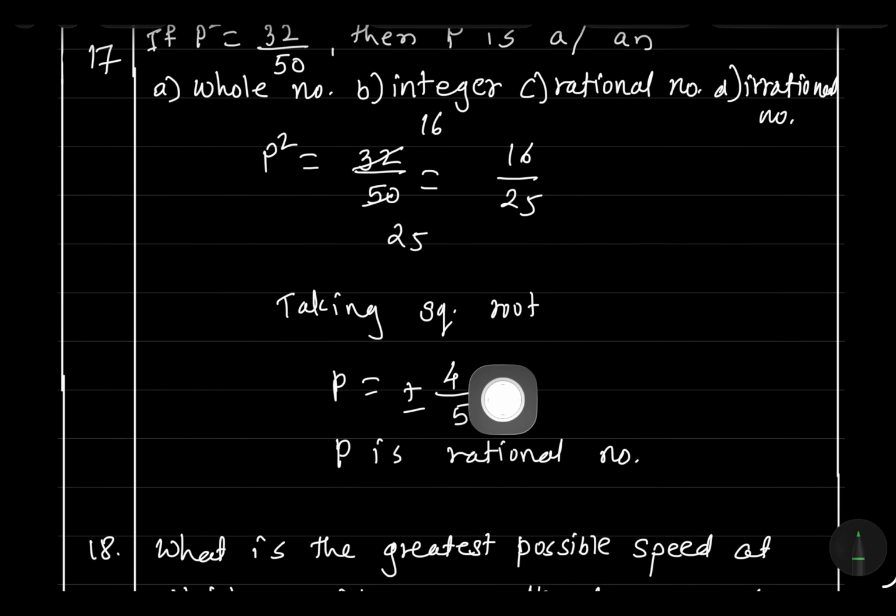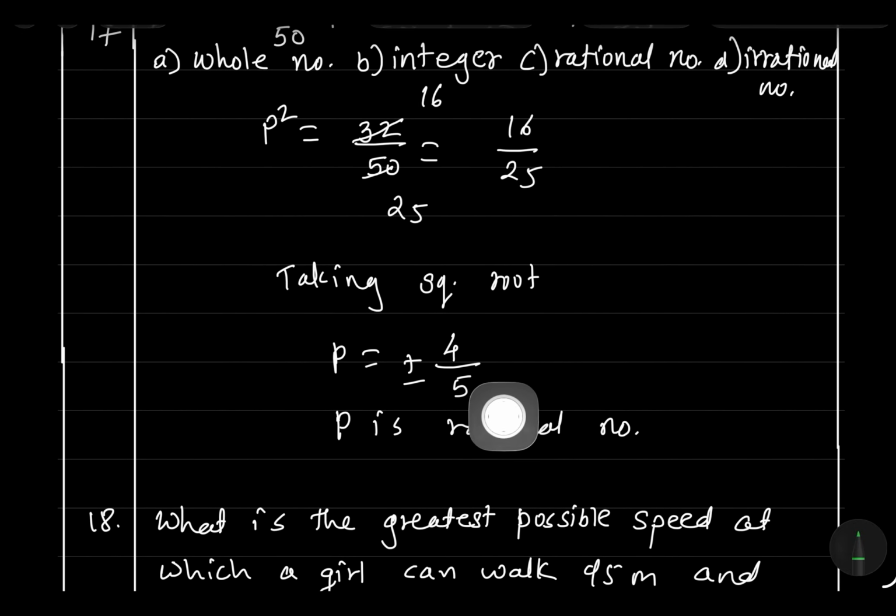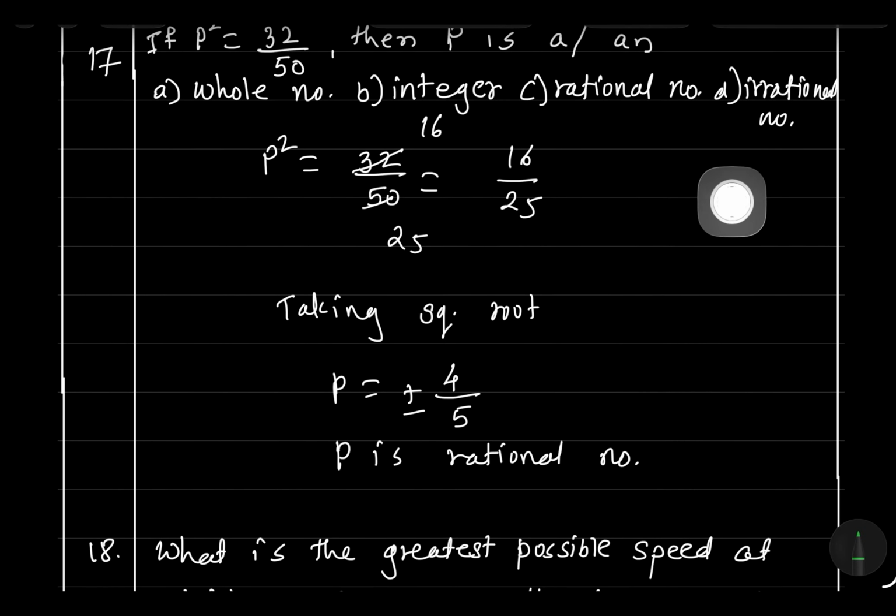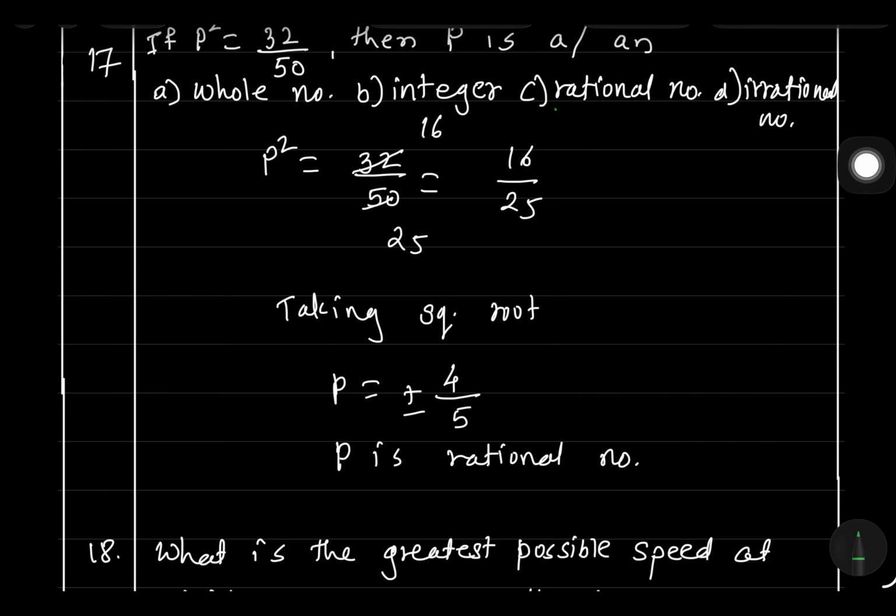So P is plus or minus 4 upon 5. You know that this is a rational number. A rational number can be written in the form of numerator and denominator, and this 4 upon 5 is of that form. So P is a rational number. So see here, your option is C.